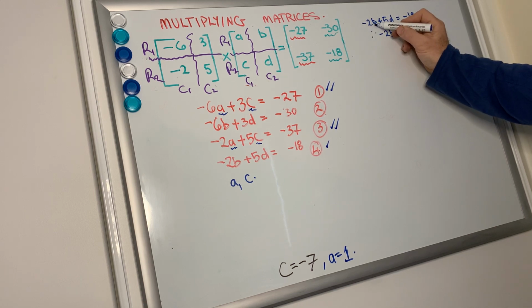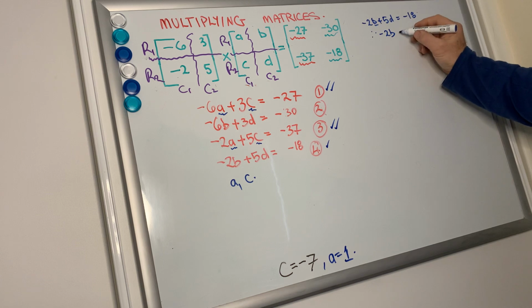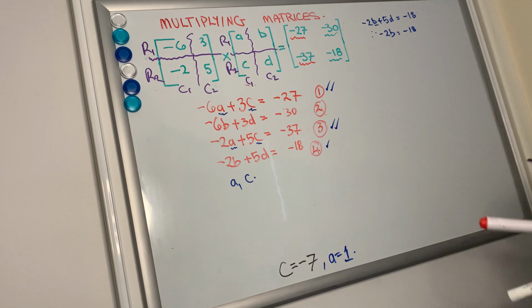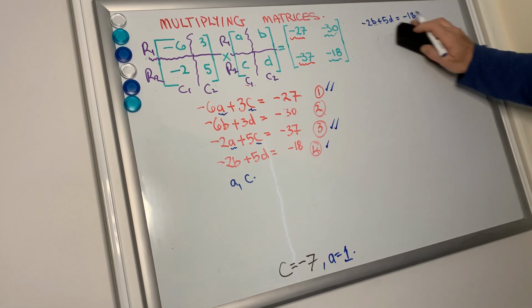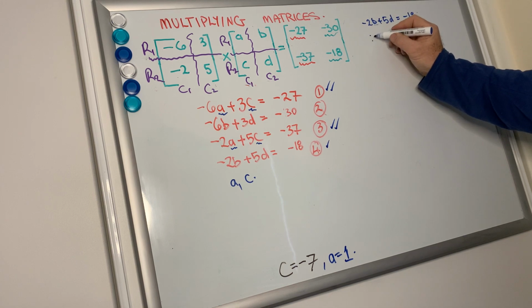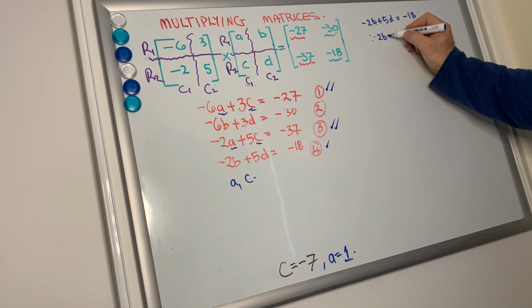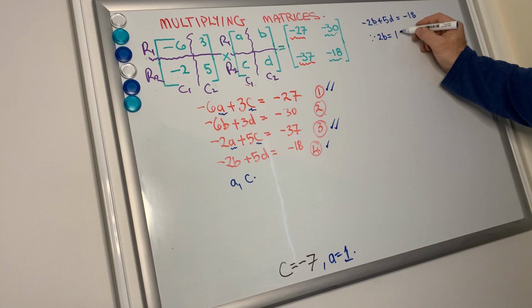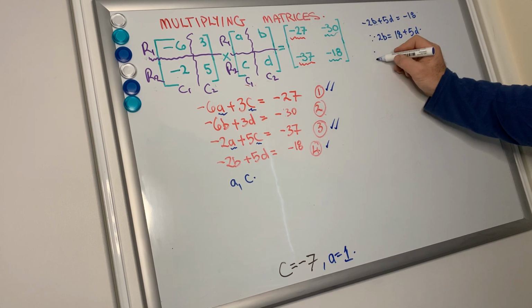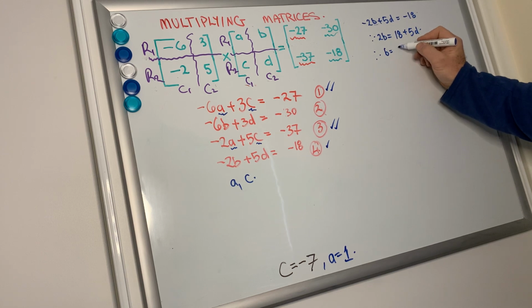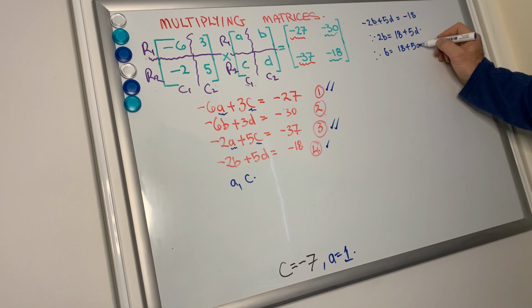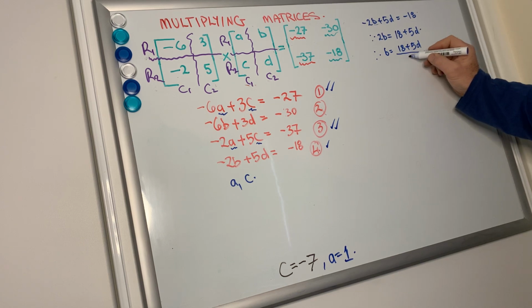Now I want to solve for b. Actually, I'll do it the other way, sorry. I'll bring the 2b on the other side and the 18 on this side. So therefore, 2b equals 18 plus 5d. Therefore, b is equal to (18 plus 5d) divided by 2.